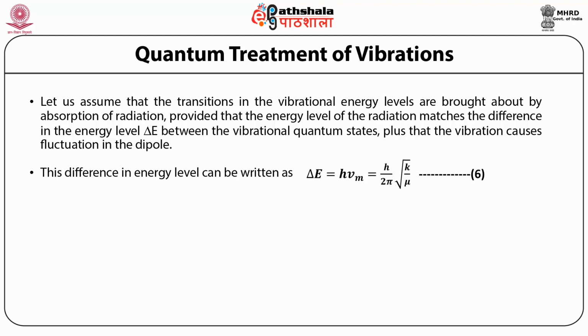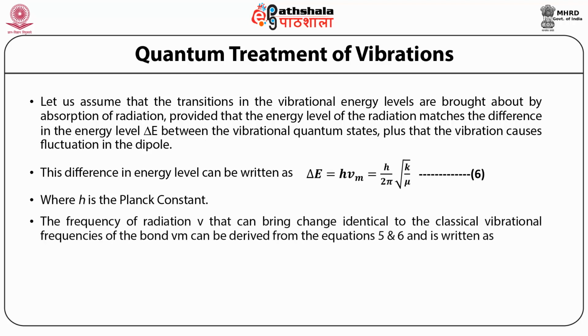This is equal to h divided by 2 pi into root of k by mu, where h is the Planck's constant. The frequency of radiation nu can bring change identical to the classical vibrational frequency of the bond nu m, and can be derived from equations 5 and 6 and is written as nu is equal to nu m.